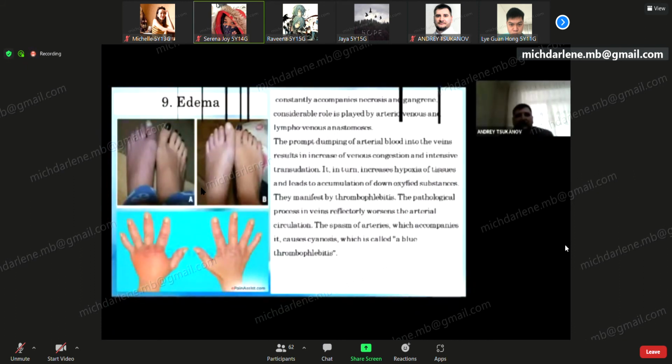They manifest as thrombophlebitis, and the pathological process in veins reflexively worsens the arterial circulation. The spasm of the arteries which accompanies it causes cyanosis, which is called a blue thrombophlebitis.